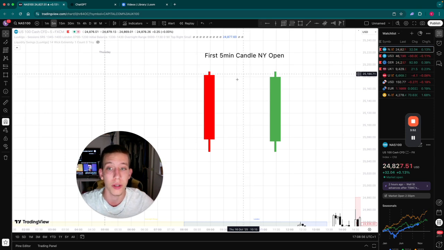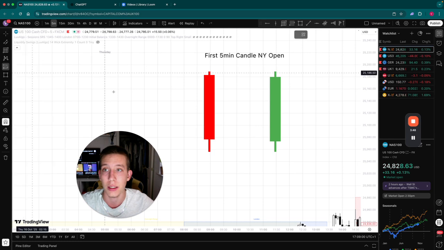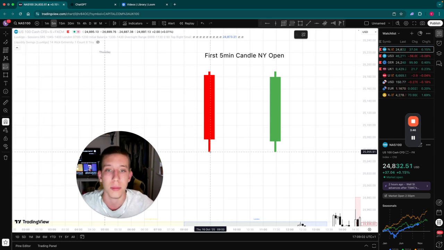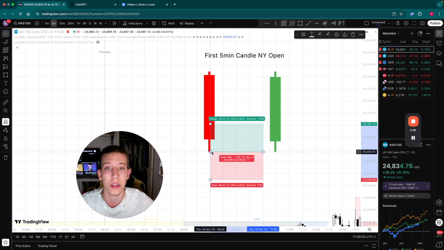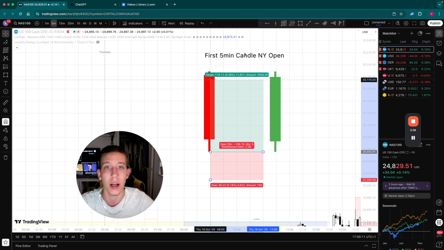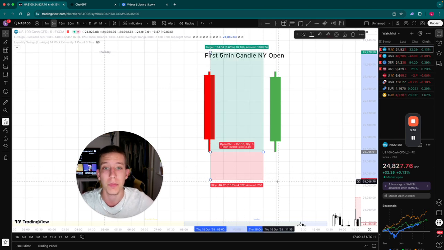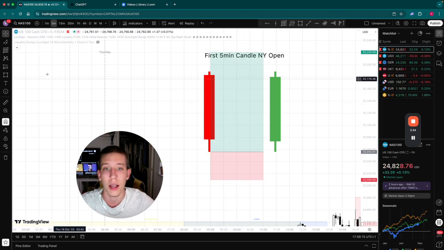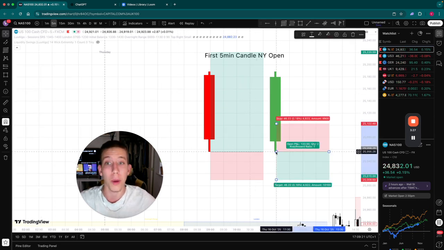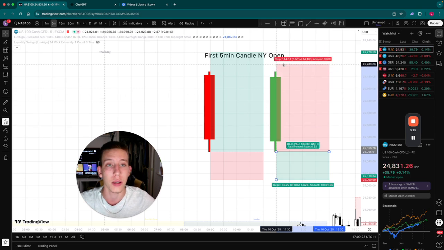At 2:35 it would have formed, and what this strategy suggests is below the low of a negative first 5-minute candle, you actually want to buy, and below a positive candle, you actually want to short.